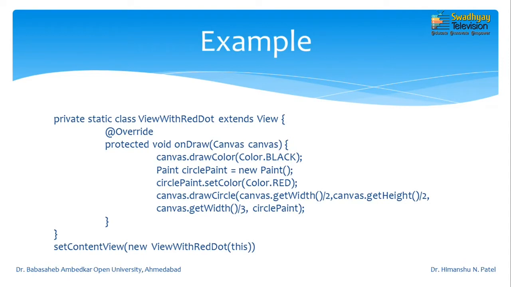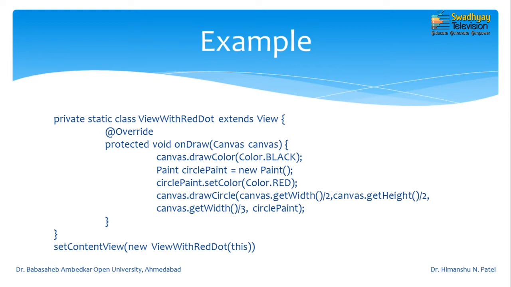Now, this is a simple example of how we can create a canvas and implement its onDraw method. You can see here is a class ViewWithRedDot which extends View. This is how we create a canvas and implement its onDraw method. Inside onDraw there is an argument of type Canvas.